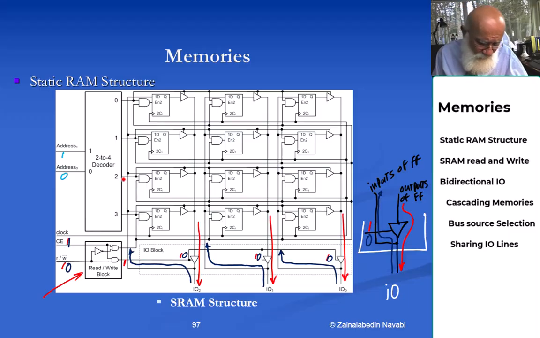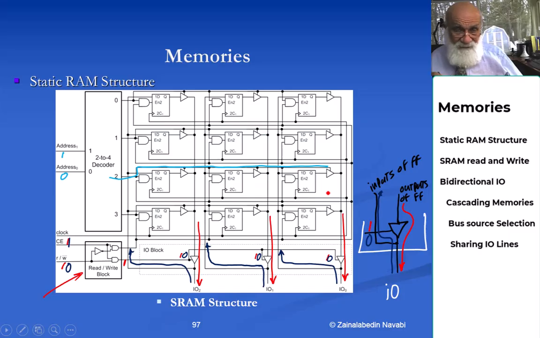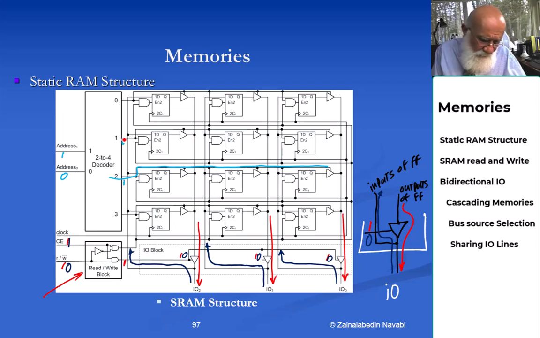If the address is this, this line is going to be active versus all other lines. So this means there is a 1 here, there's a 0 here, there's a 0 here. Remember, this is a decoder. There's a 0 here. And the line that is active causes the tri-state gates, this, and this, to be enabled.